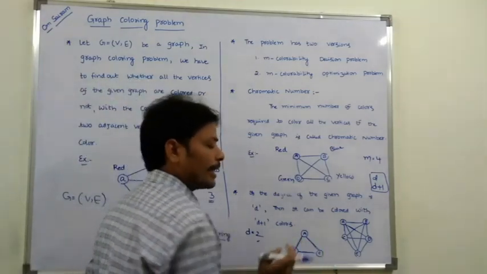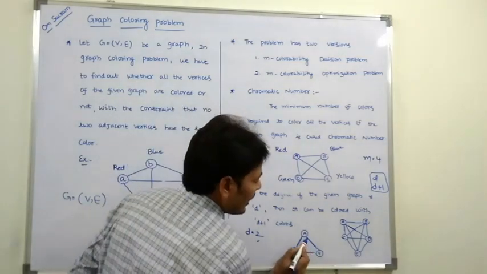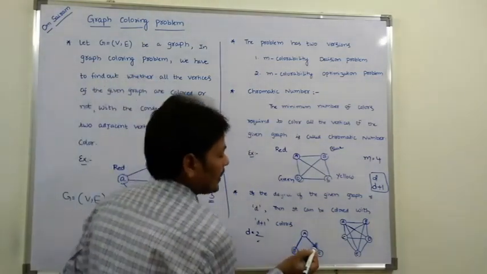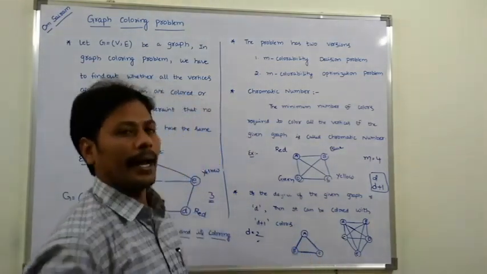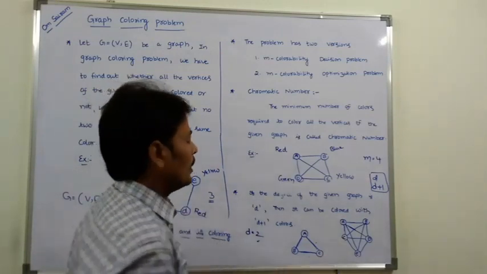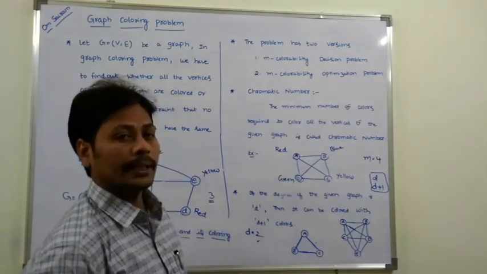Next, for vertex C, what is the degree? How many edges outgoing from vertex C? This is one edge, this is another edge. So degree of vertex C is 2. Next, for vertex B, what is the degree of that vertex?